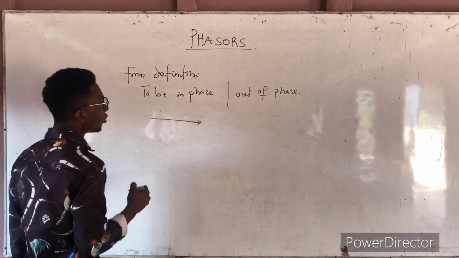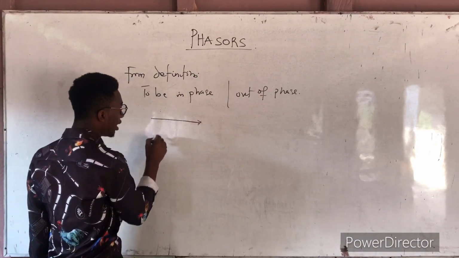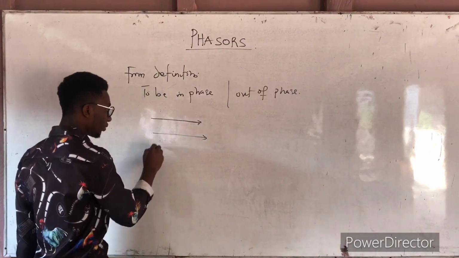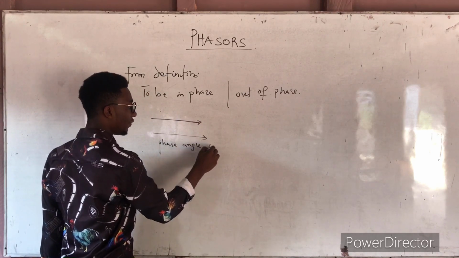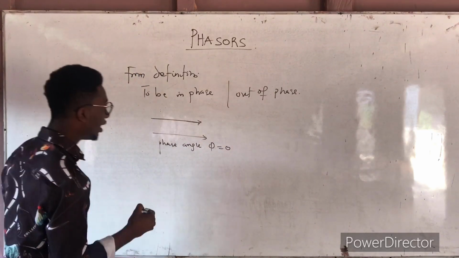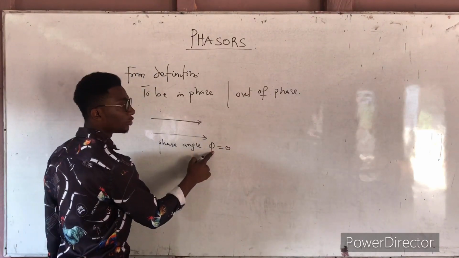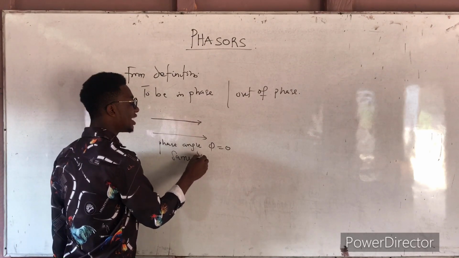So we say two phasors are in phase when, one, their phase angle is equal to 0, and two, when they point towards the same direction.